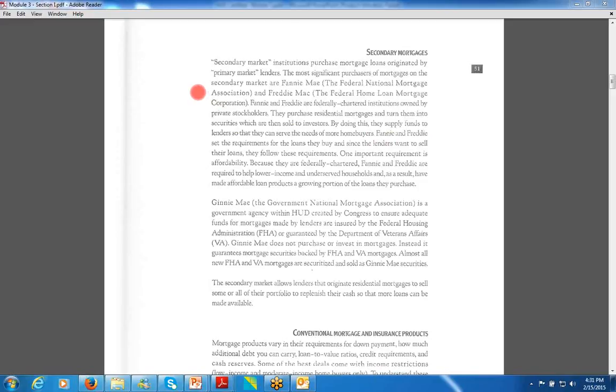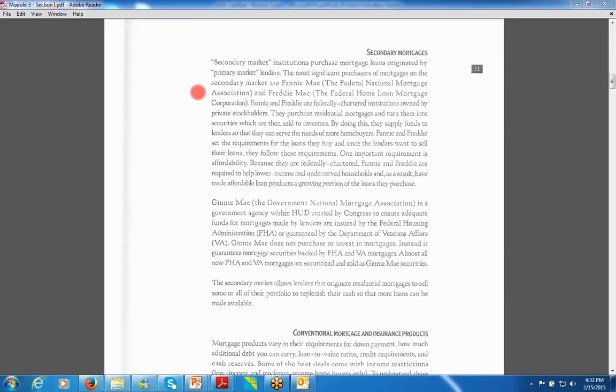And in fact, when you are loaned money for your mortgage, 100,000, 200,000, whatever, that money is not the money of the lender who provided you the loan. That loan is packaged and sold to an investor who owns that loan.